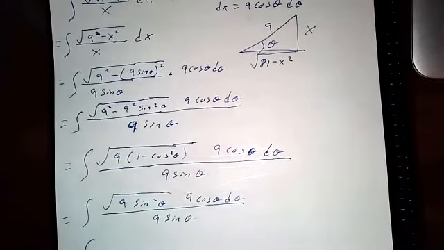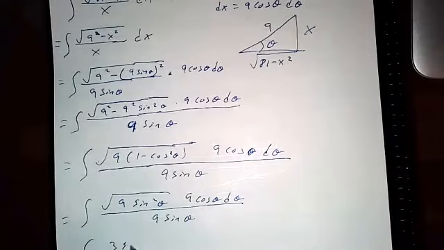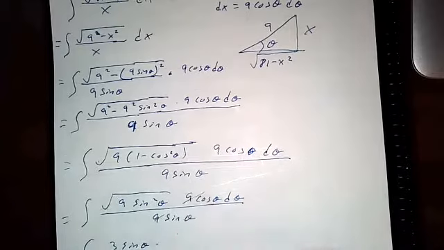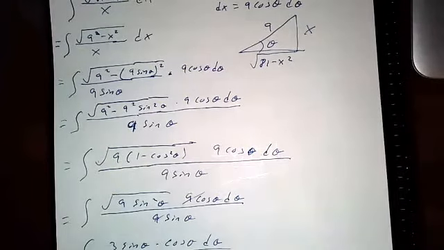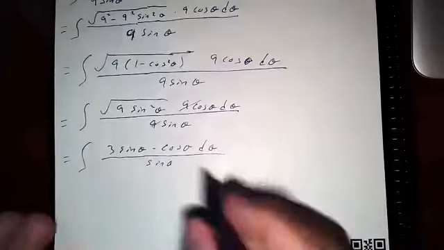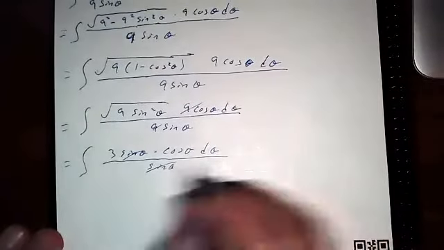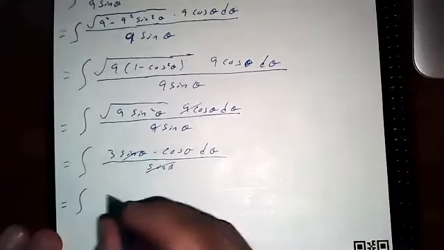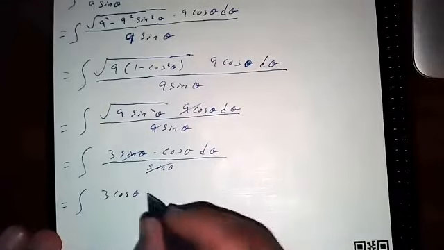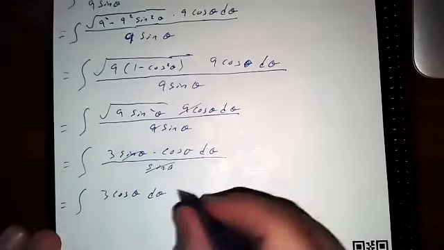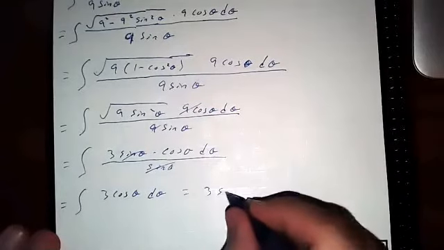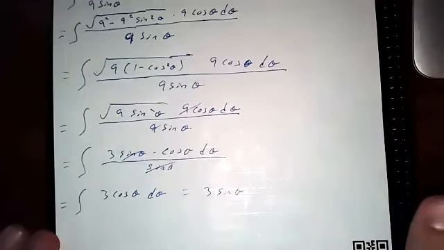So this becomes 3 sine theta times, this 9 will cancel, right? So might as well do it. Cosine theta d theta over sine. So these signs are gone. So finally, we're at integrating the 3 cosine theta d theta, which is simply 3 sine theta, right?